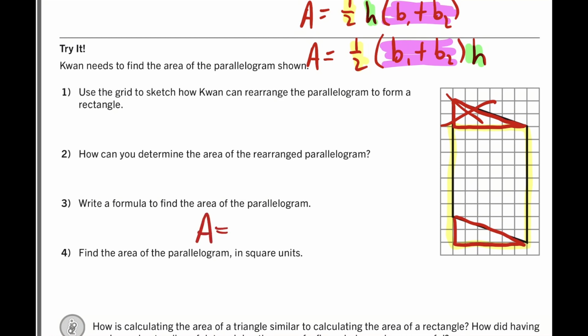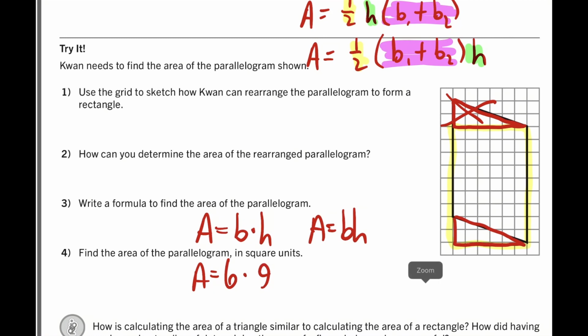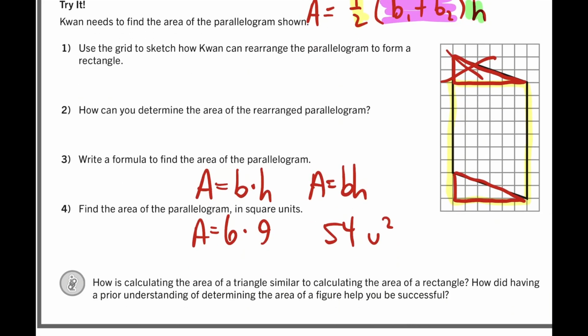Write the formula to find the area of the parallelogram. Area equals base times height. Find the area in square units. Well, we did that. So area equals 6 times 9, which is 54 units squared.